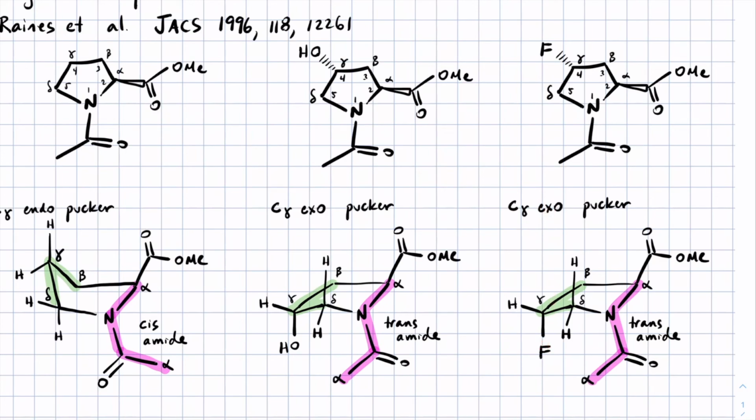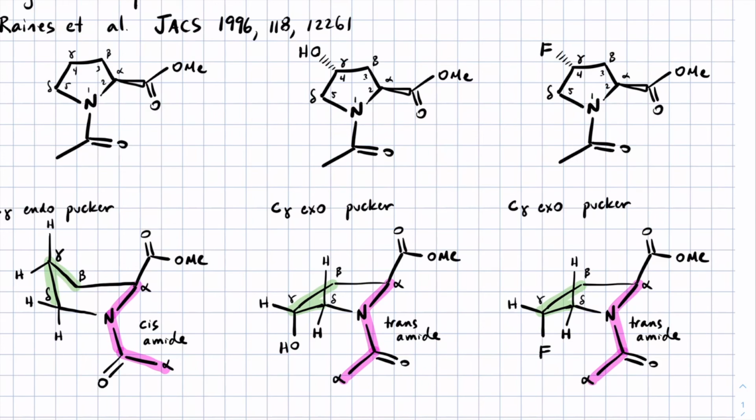A related issue that we won't talk about, but it gets to one of Dakota's earlier questions, is that there were different conformations preferred about the nitrogen-carbon bond here. In the proline case, the cis amide was preferred, where the alpha carbon here was on the same side of the amide bond as the alpha carbon here.